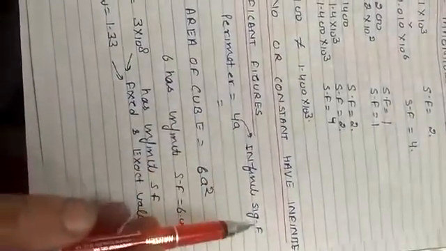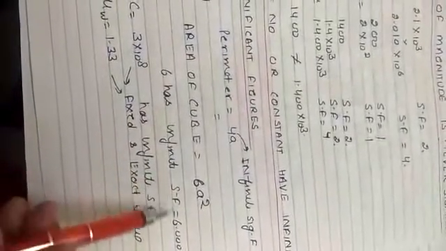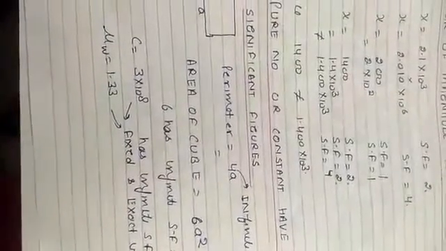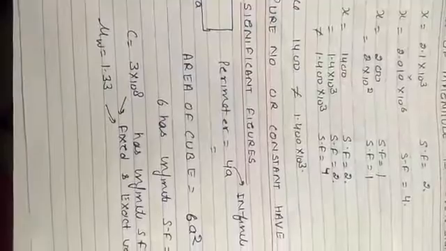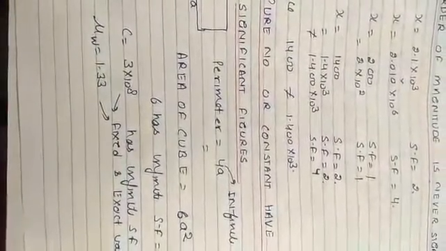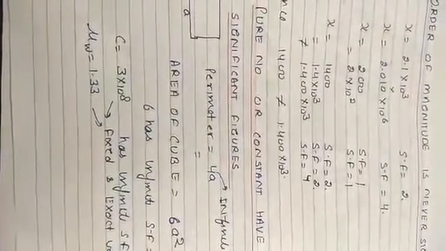It has infinite significant figures. For example, the area of a cube is 6a square. This 6 has infinite significant figures. Suppose the speed of light, that is 3 into 10 to power 8, that is a constant quantity, so it also has infinite significant figures.